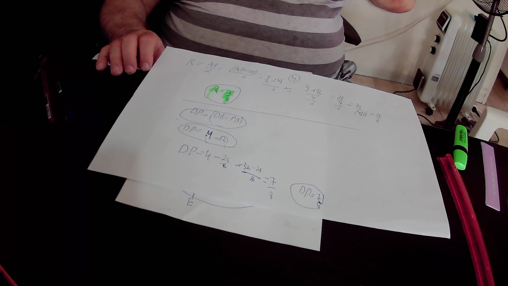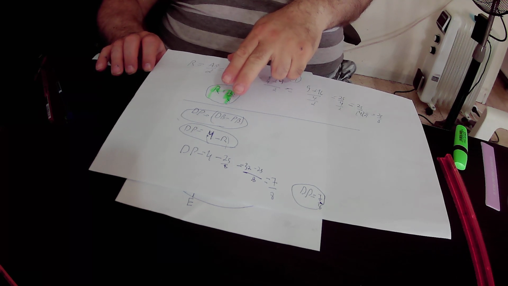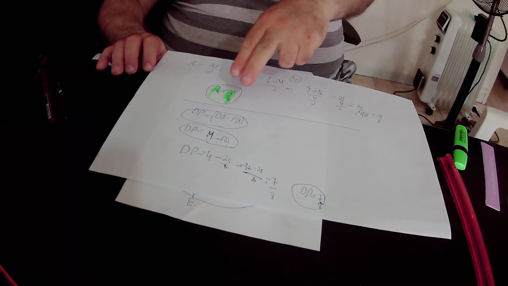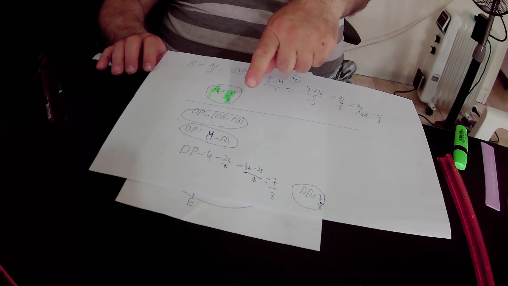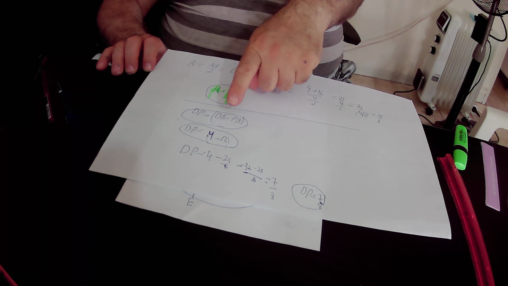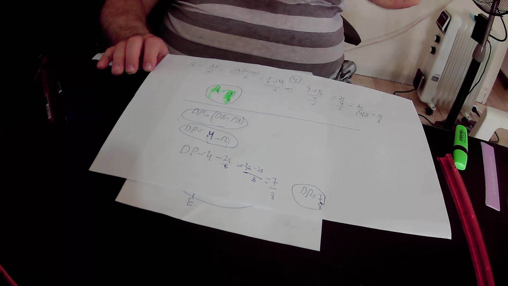But we have already found out that capital R, the radius of the big circle, is equal to 25 over 8, so we can substitute capital R by 25 over 8. We did it, and we got that dP equals 4 minus 25 over 8. Here we multiplied 4 by 8, and then divided it by 8 in order to have a common denominator with 25 over 8.